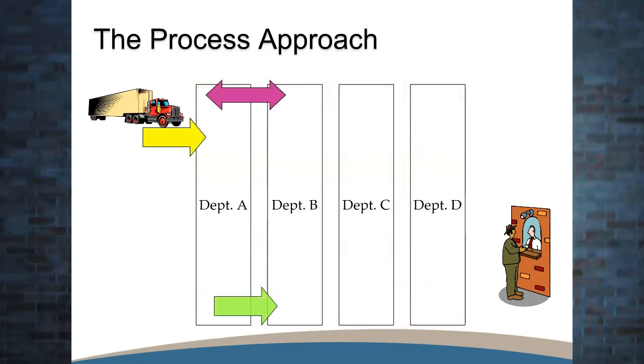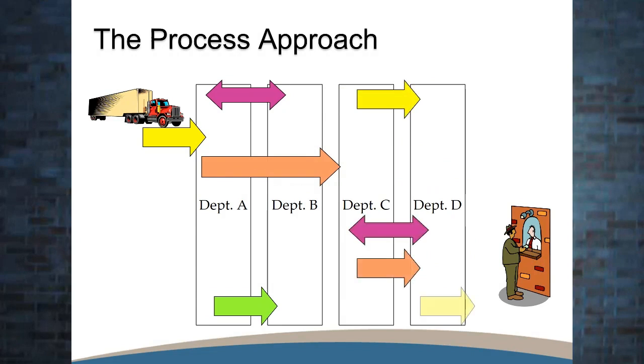However, it's probably not that simple. Processes typically look more like this, where let's say the material management process is the yellow arrow.